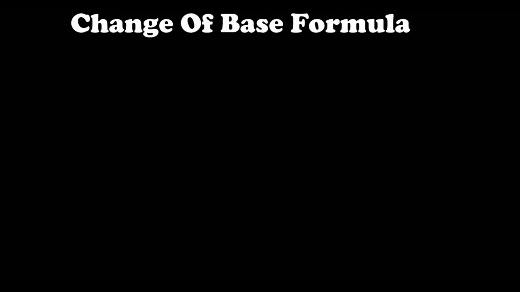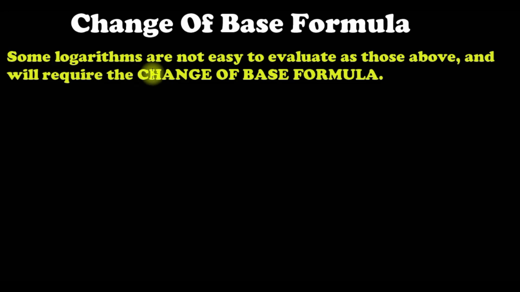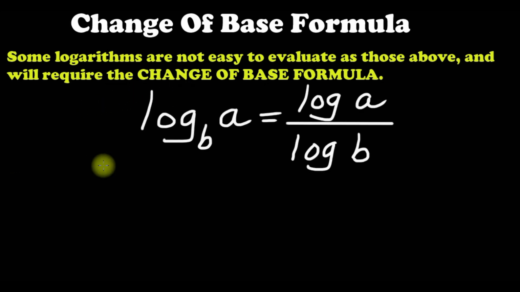Okay, so now I am going to show you guys how to use the change of base formula. So some logs are not easy to evaluate like those that we did earlier, and will require the change of base formula. Okay, so here's what the formula is.